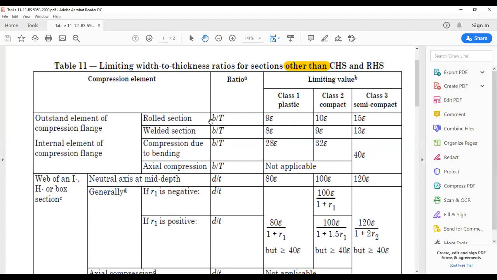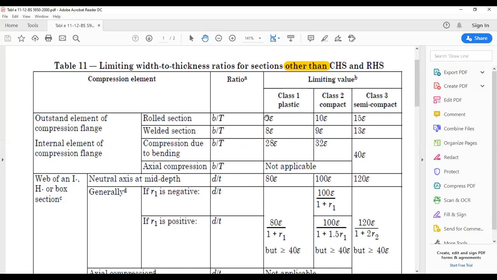So you find the ratio between B and T. Now, if you find the ratio of B, which is the compression flange width, and T, which is the corresponding flange thickness, if this ratio does not exceed 9 times epsilon, then that section is classified as plastic in terms of compression.